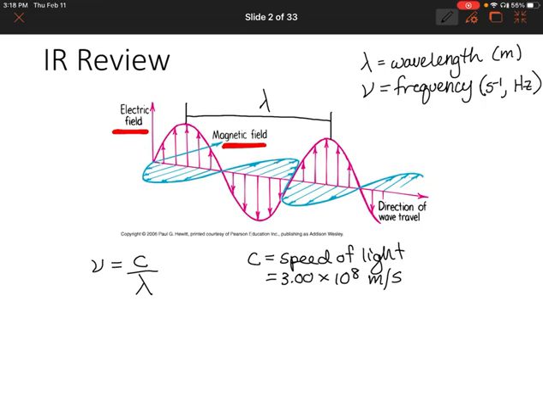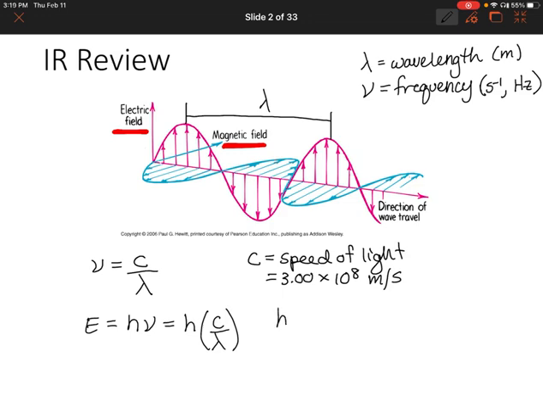Now, remember I said that light can act as a wave or a particle. So if we think of the particle-like nature of light, we could identify or measure the energy of that particle. And energy is equal to a constant h times the frequency. Or you could substitute in the expression above for frequency, c over lambda.